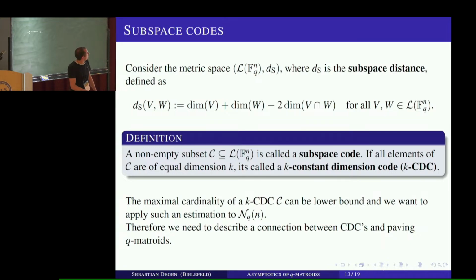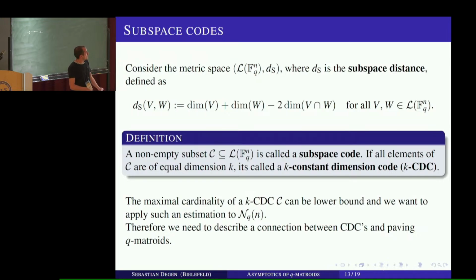Using this, we say that a subspace code is a non-empty subset of our subspace lattice. If we choose all the subspaces in that subset C to be of the same dimension, let's say k, then it's called a k constant dimension code, or KCDC for short.